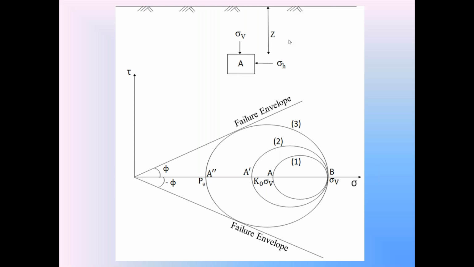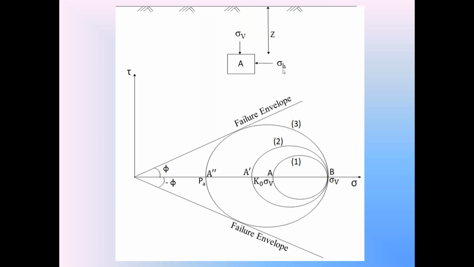So please look at this diagram, understand the rest condition, Mohr stress circle 1, the beginning of the active condition, Mohr stress circle 2, and when the earth pressure reaches the active earth pressure, that is when the retaining wall is moving away from the backfill, sigma h further decreases. At one stage, sigma h becomes minimum. That minimum sigma h is indicated by point A double dash.